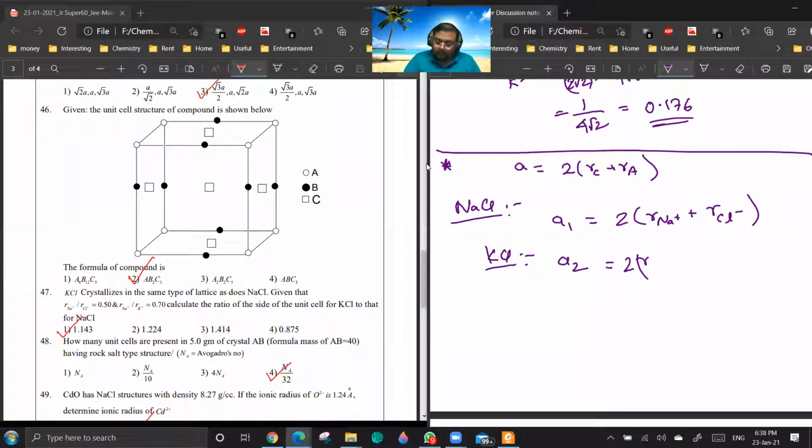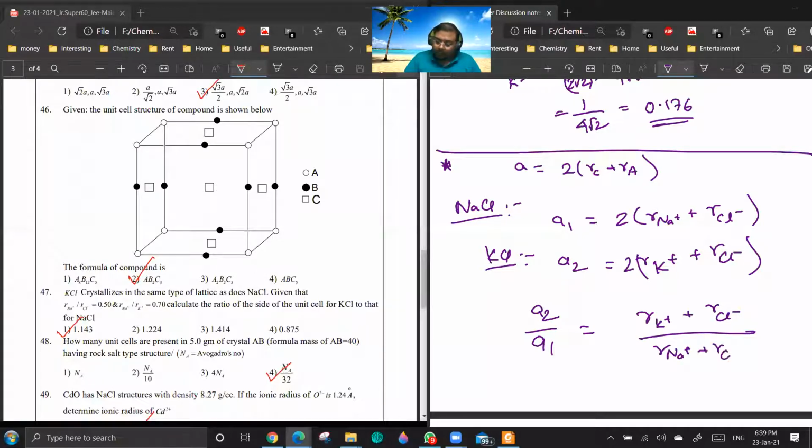Okay, they are asking KCl to NaCl, so A2 by A1. So R of K plus R of Cl minus. This is what I want to find. 2 will cancel out. So it is basically R of K plus R of Cl minus by R of Na plus R of Cl minus. Yes or no?